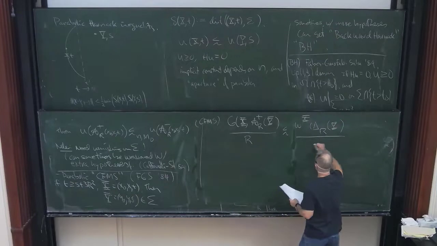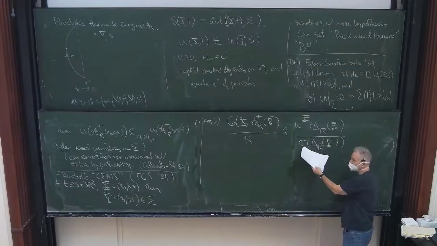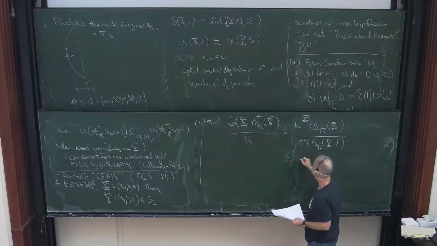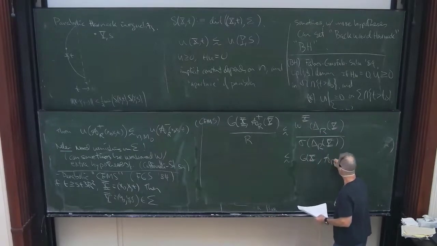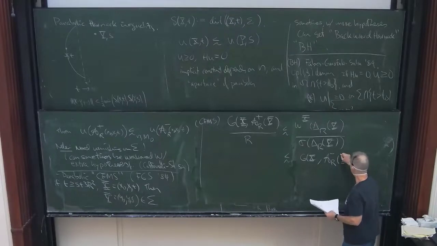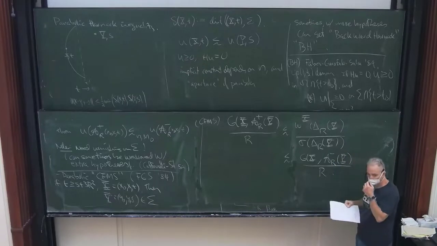And then we divide it by the sigma measure of the same ball. So we're taking an average of the caloric measure, average with respect to sigma. And then, in turn, this is less than or equal to the Green function once again, but with pole at A_R^- of Y.